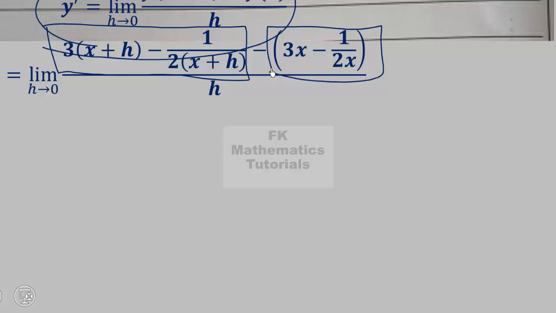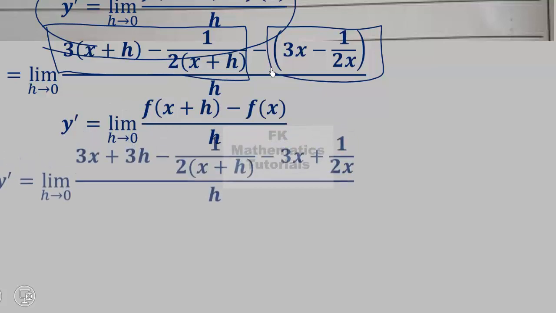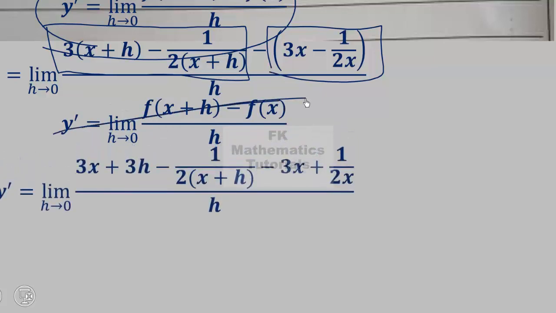So the rest is algebra. Forgive me for repeating this here. So we need to expand the first one over here to obtain 3x plus 3h. And by doing that, 3x will cancel the negative 3x here, and that will give us 0.